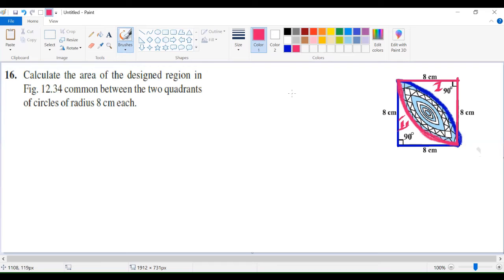So how we will find the area of this white part 1? White part 1 means, suppose this is a square, for example, this is the square and here it's a quadrant.